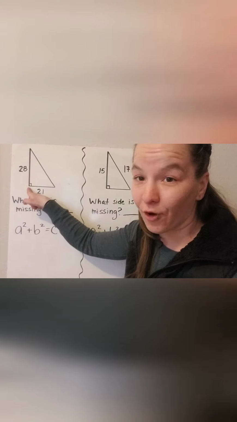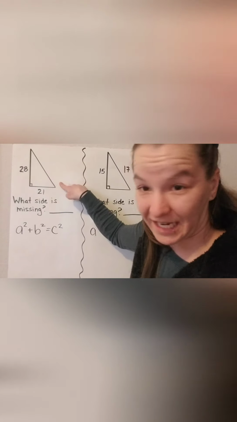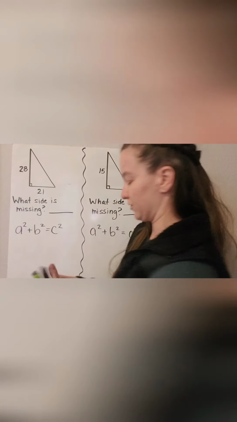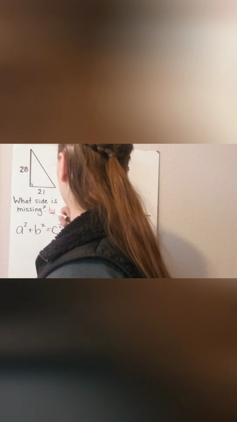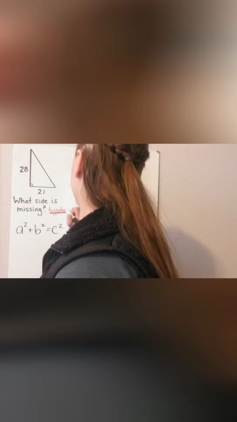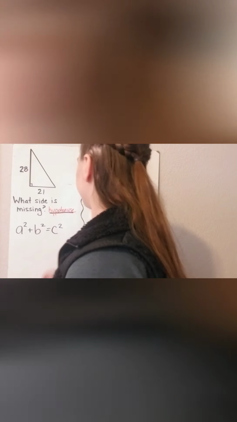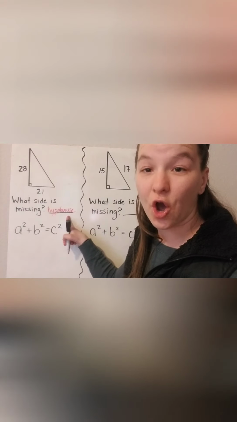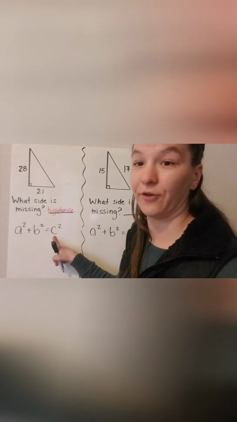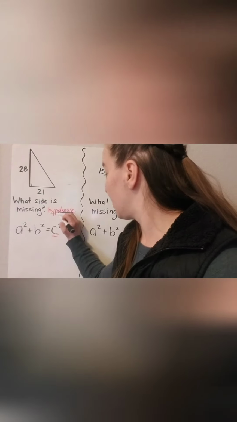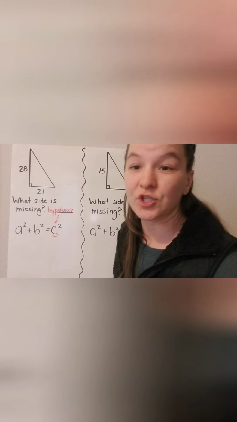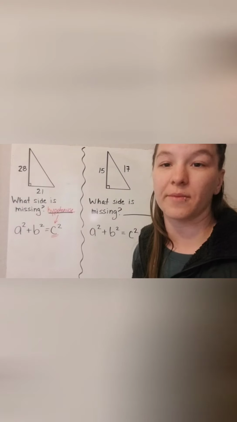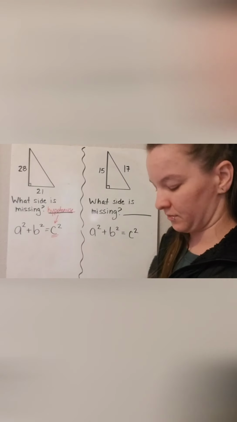So therefore, the side that we're missing, or the side we're trying to find, is our hypotenuse. Since it is our hypotenuse, I know that I'm going to be solving for C. Your hypotenuse always represents C in your equation for the Pythagorean theorem.